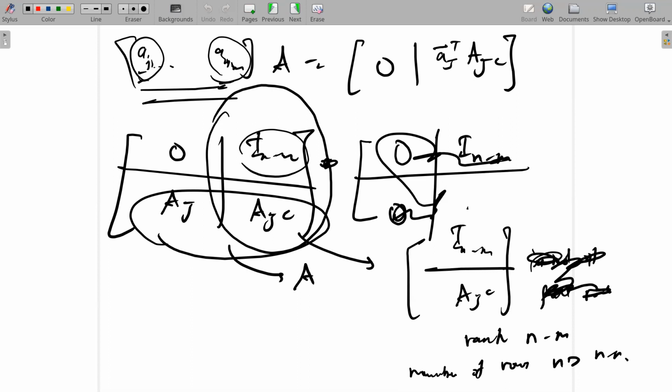It's just a matter of transforming this aj complement and then choosing the vector that you want to choose to make it equal to 0. I want to fill the rest of the entries. So this is aj. I want to fill in the entries aj complement, such that what you'll have is something which is 0.